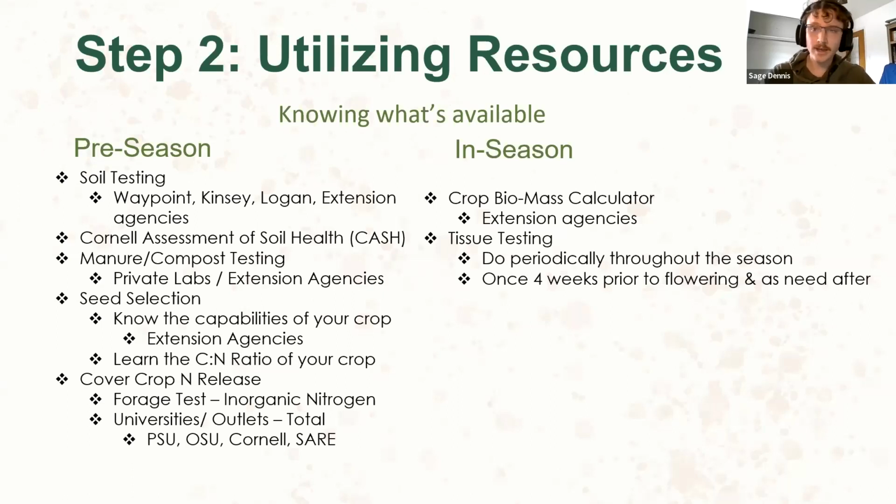And then also past that, for your higher dollar value crops, there's tissue testing. If you do grow a higher dollar value crop, I encourage you to tissue test four weeks or a month before flowering, and then I encourage you to do so every couple of weeks throughout the season since then, because that will make sure you have your baseline before your fruits start setting and you start getting this huge amount of nutrient demand from your plant.